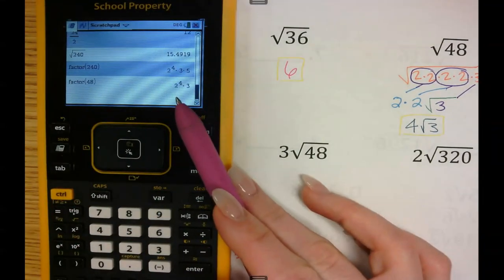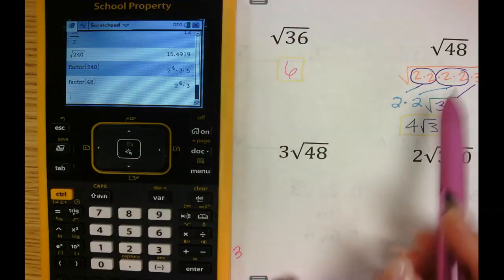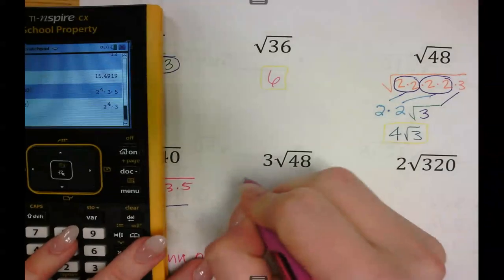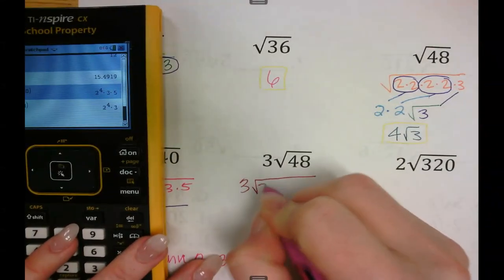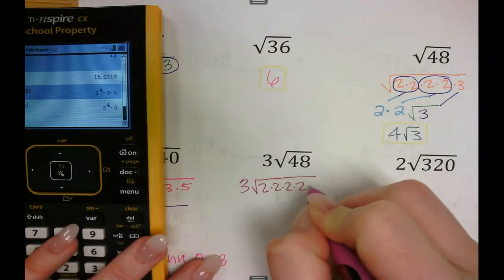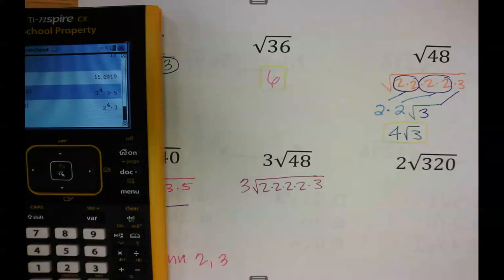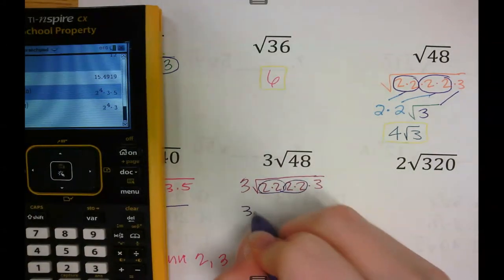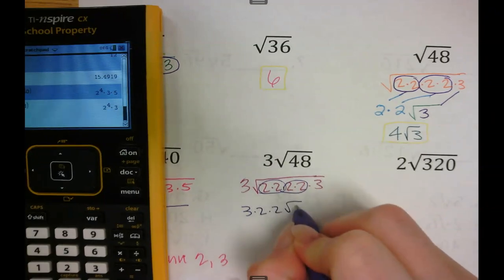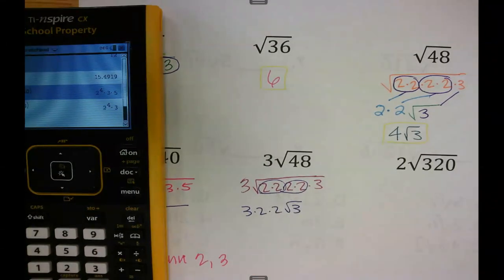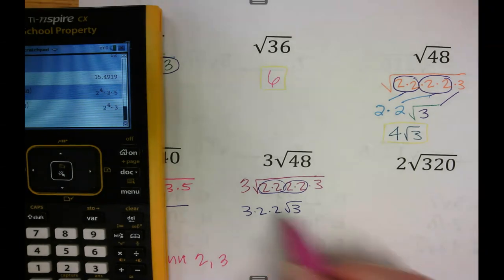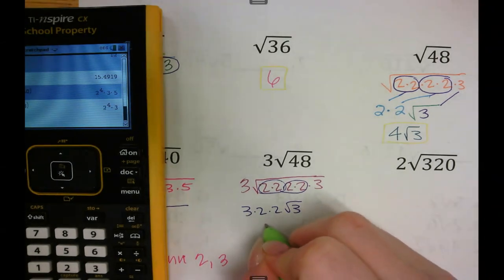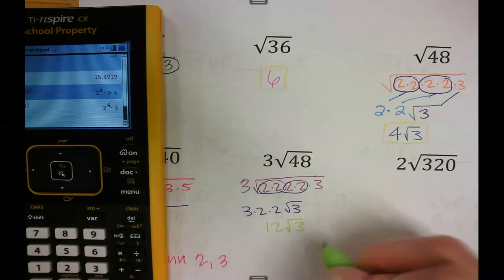And look, I've got 4 2s and a 3. And that's what we had done earlier, right? So we've got 3 square root of 2, 2, 2, 2, 3. Again, we pull out the pairs. They come out as 1. So then we have 3 times 2 times 2, which is 12 square root of 3.